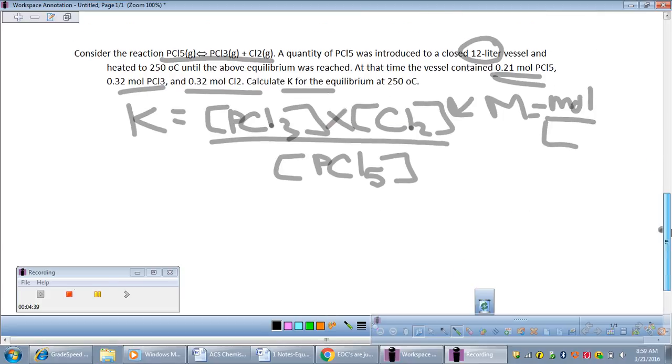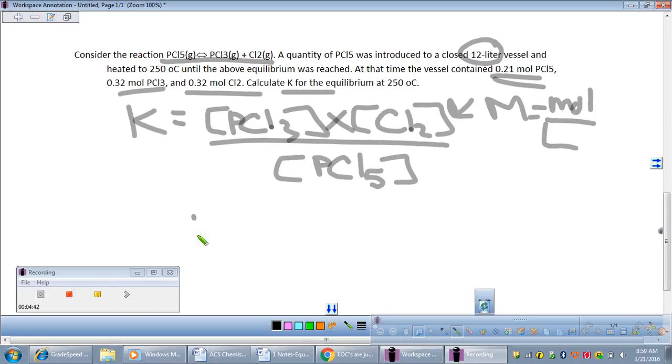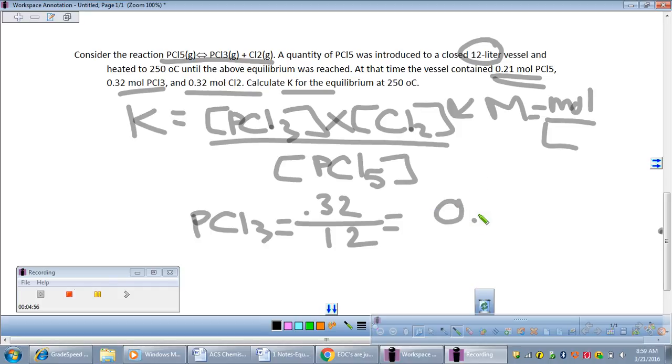But that's just a simple division problem. So for PCl3, our mole is 0.32. Our liters is 12, so if you plug that into your calculator, you get this for the molarity. If you notice, the moles for chlorine gas is the same thing, so this is the molarity of both of them.